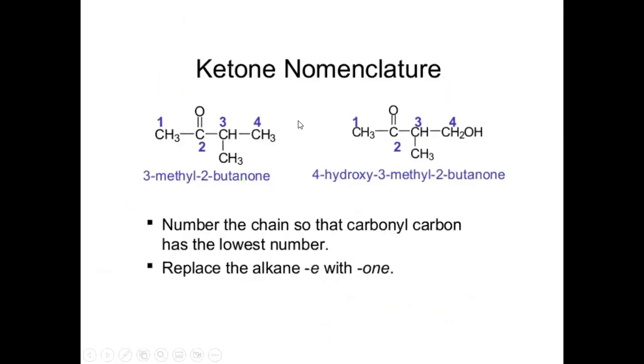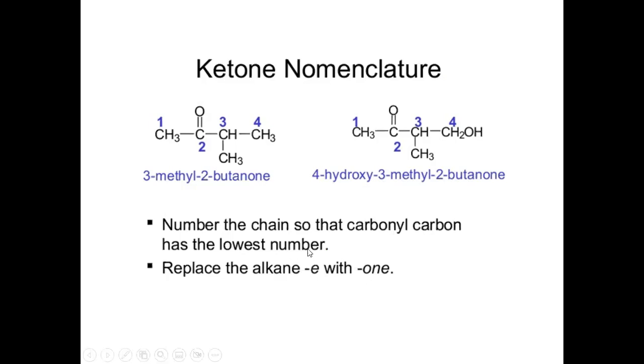So the nomenclature for ketone, we look at the left hand side first. We call this 3-methyl-2-butanone, right? And on the right hand side, 4-hydroxy-3-methyl-2-butanone. So the chain is numbered so that the carbonyl carbon has the lowest number.